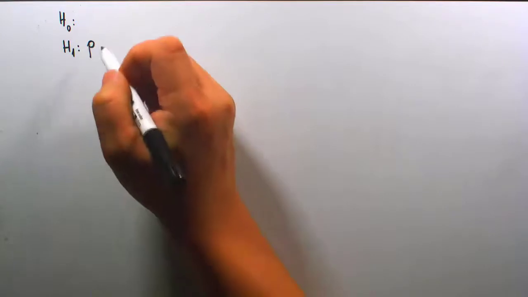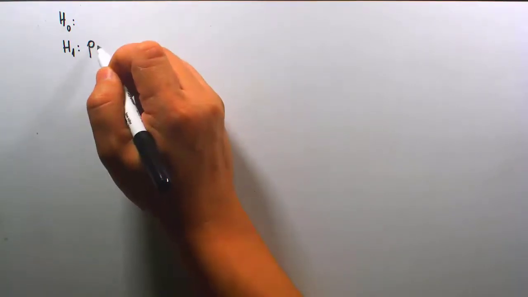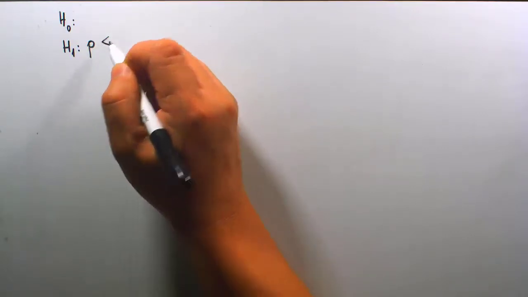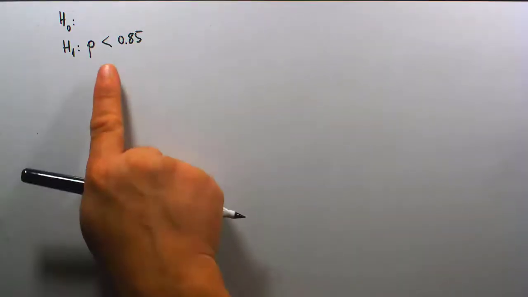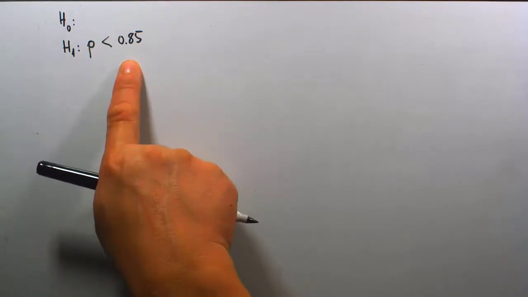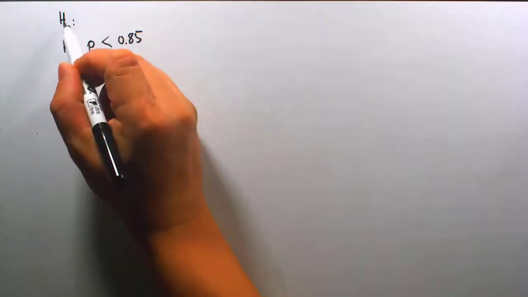So here our alternative hypothesis, H1, is stating that we're trying to prove that the proportion of iPhone users is less than 0.85. And so once we have identified the alternative hypothesis, it's now going to be easy to identify our null hypothesis.